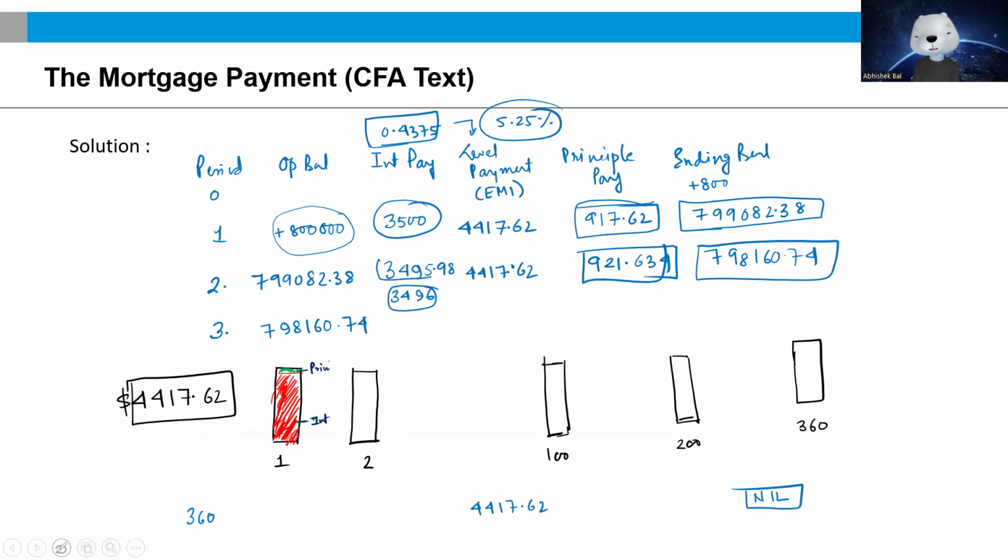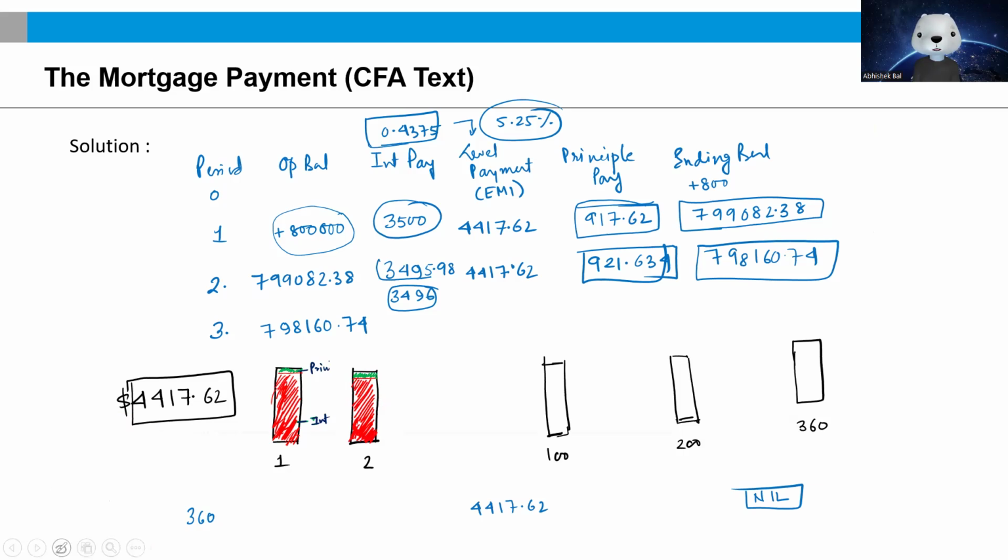In the second month, the same process repeats. However, now there is a slight difference. And the difference is, watch how the principal portion being paid in month number 2 is slightly more than the principal portion being repaid in month number 1.